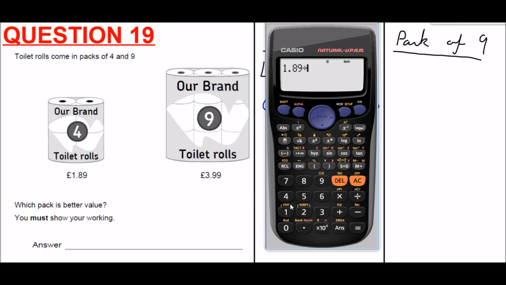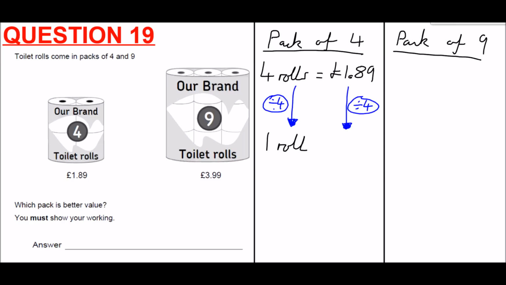So £1.89 divided by 4, 0.4725. If I round that to the nearest penny, pence has 2 digits after the decimal. So to the nearest penny, that would be 0.47. So each roll is going to be 0.47, about 47 pence.